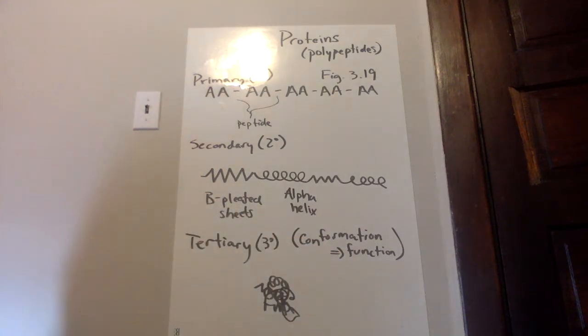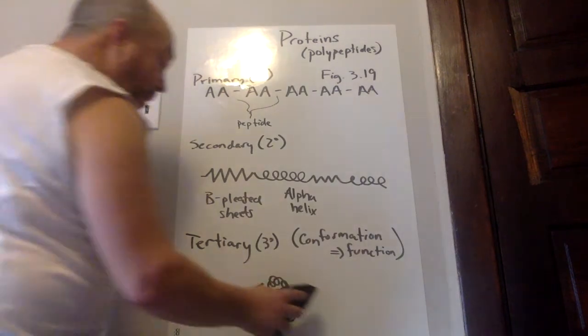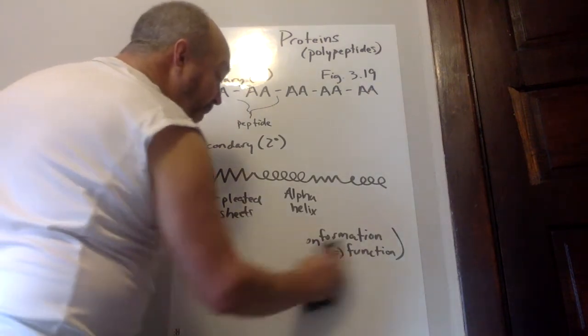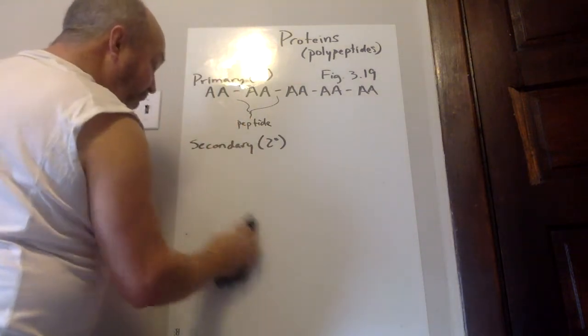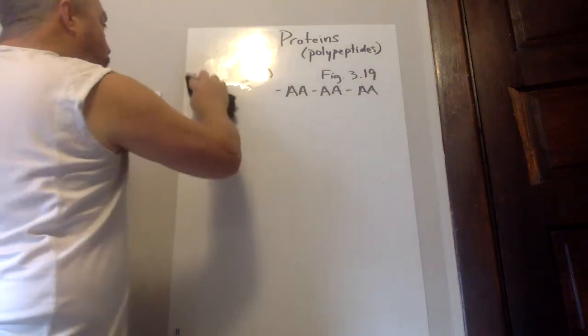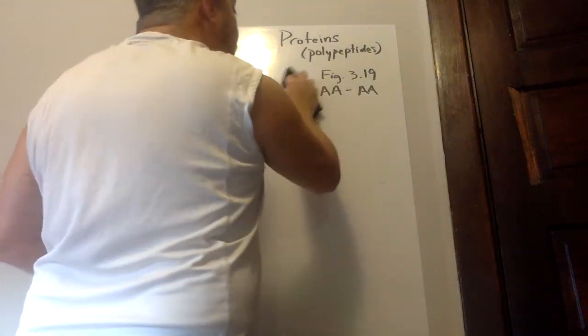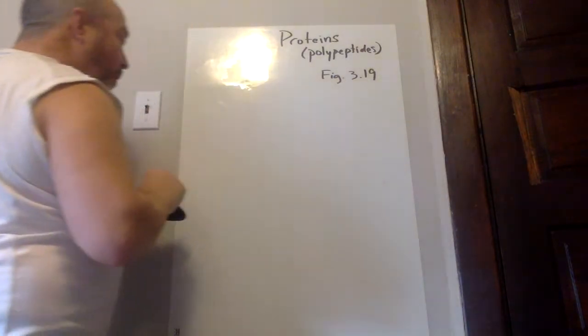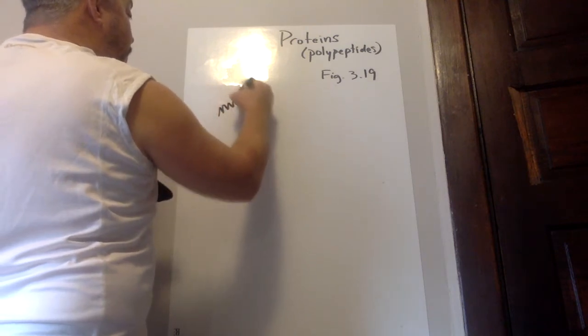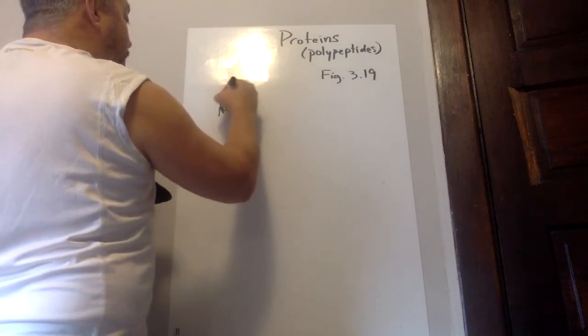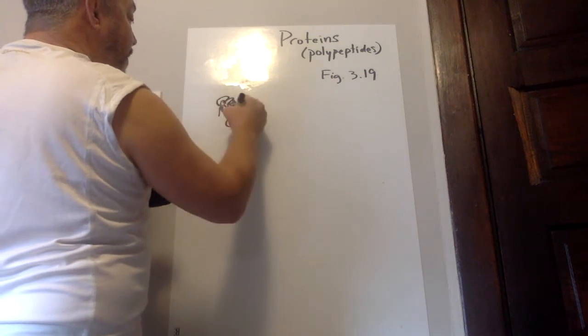Now there's one more type of structure. It's called quaternary. And quaternary just means you have more than one protein in its tertiary structure. So if we were to make one protein, as we did, so this is the tertiary structure of one protein. So I'll just make a little bit of a mess.